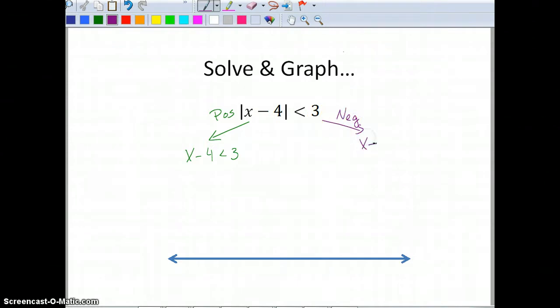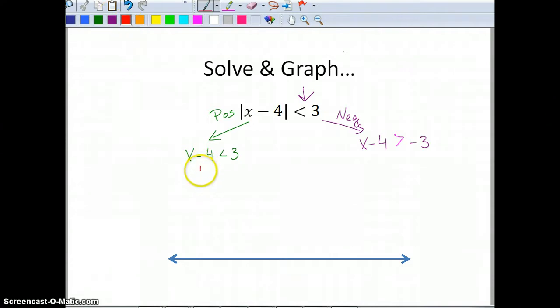So we could have x minus 4, and now this is where you've got to be careful, because we'd say negative 3. Oh, but I changed the sign. So if I change this sign, I need to change the direction of the inequality symbol. That's the only thing that's different.